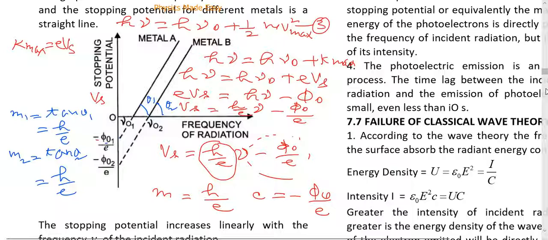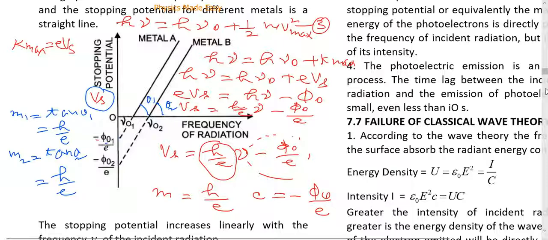Now this is the particular case of stopping potential, and I emphasize this. If we draw a graph between kinetic energy K max and frequency, then the slope gives us Planck's constant and the intercept gives us the work function.